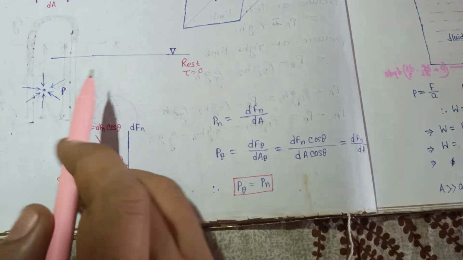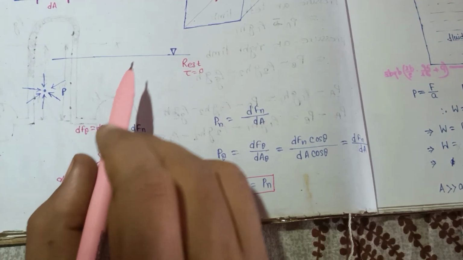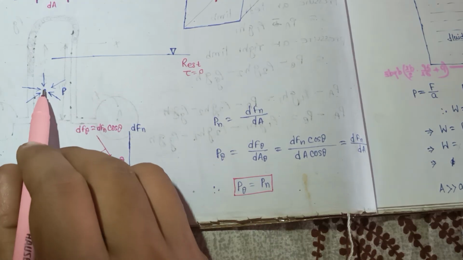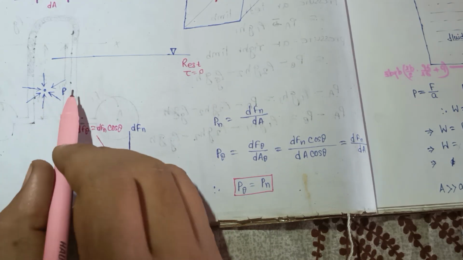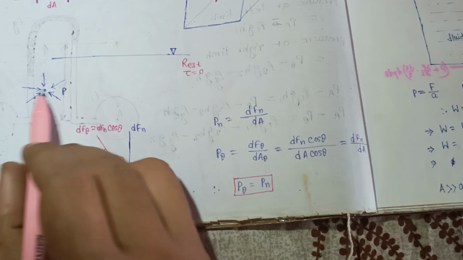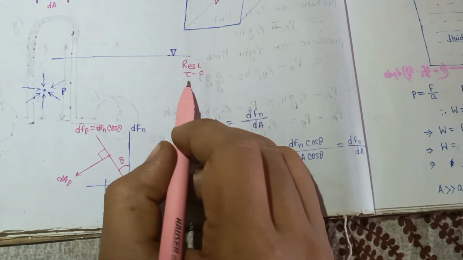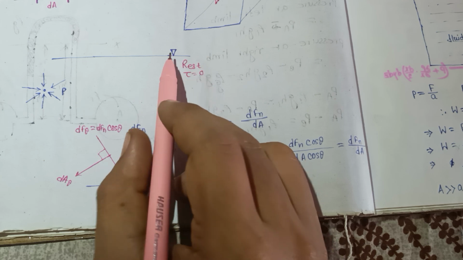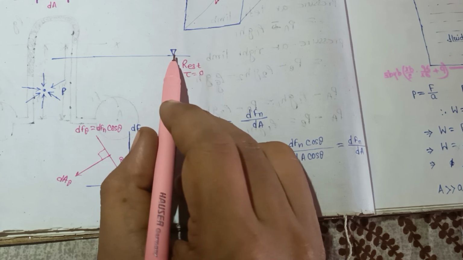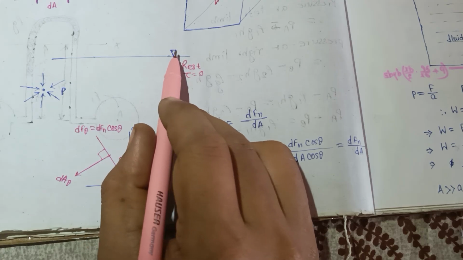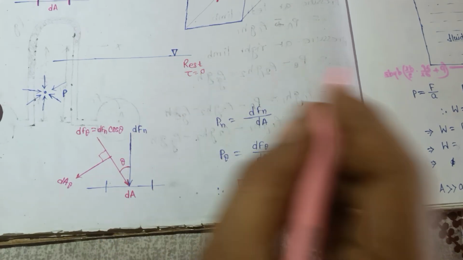Suppose the fluid is at rest, and the pressure is compressive in nature. Because it is at rest, tau equals 0, which is the symbol for a static fluid. The fluid is in static condition.